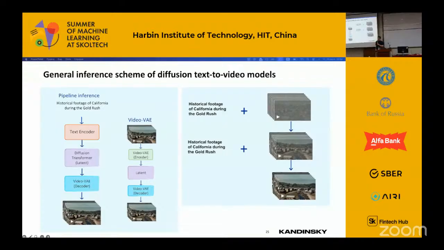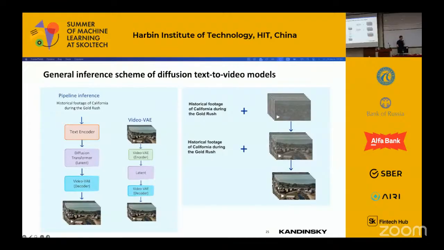On the first step, you just take Gaussian noise in the necessary dimension and do a step-by-step reverse diffusion process, because it's trained to do that. After you receive the latent of the video, you just use the video VAE decoder to decode these latents into the video that you can see.